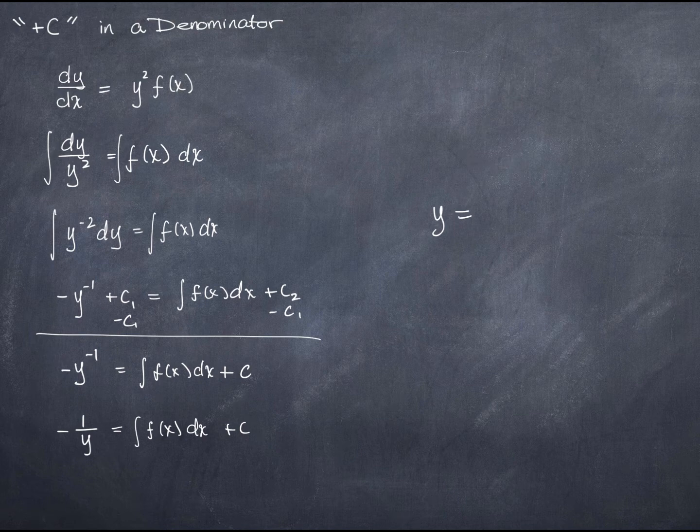So what I'm going to do is put this over 1, and rewrite this as negative y over 1 equals 1 over the integral of f of x dx, whatever that turns out to be, plus the constant. Now notice that the constant has come down to the denominator. I cannot just say plus c out here, because although the constant of integration is unknown, it is a constant. It is a fixed value.